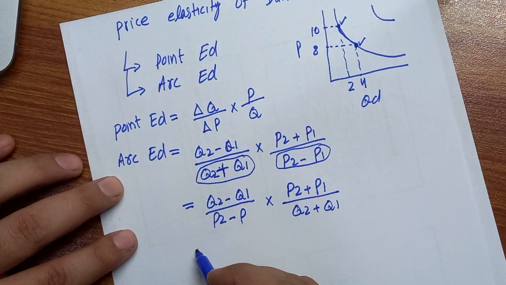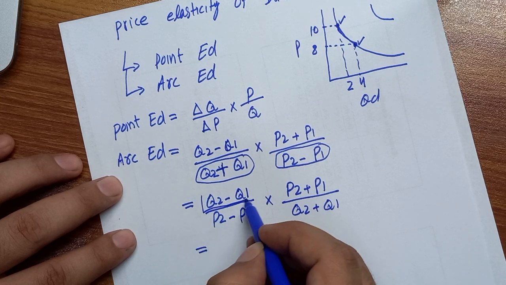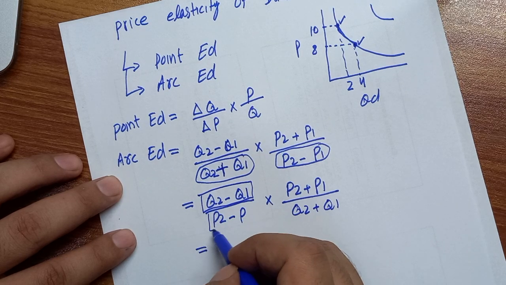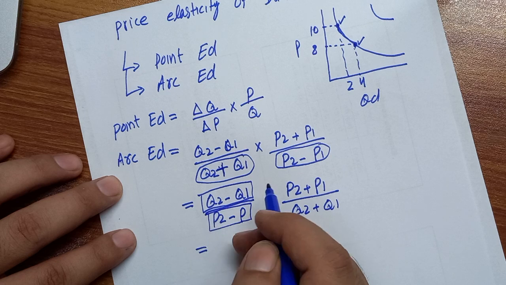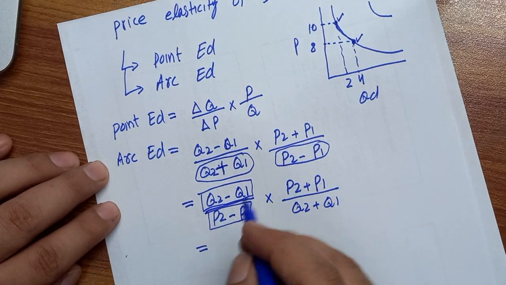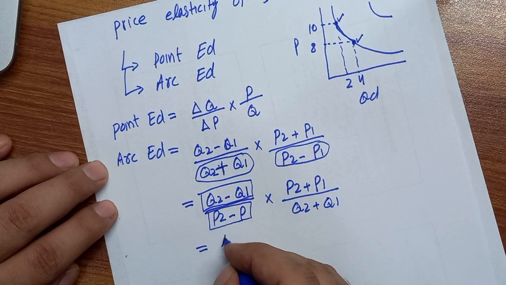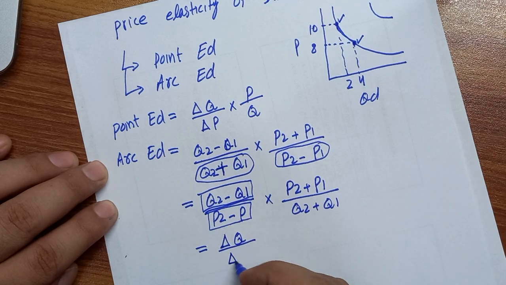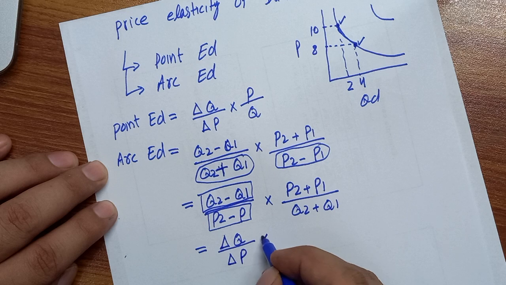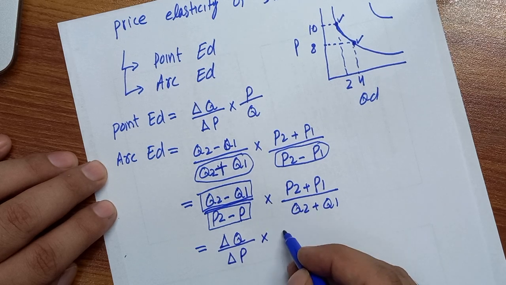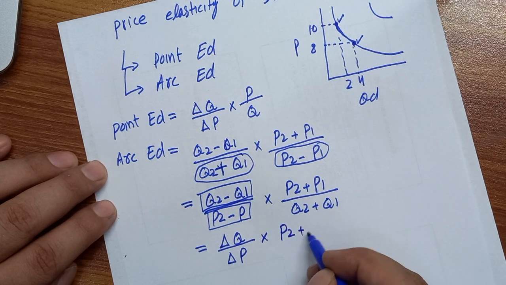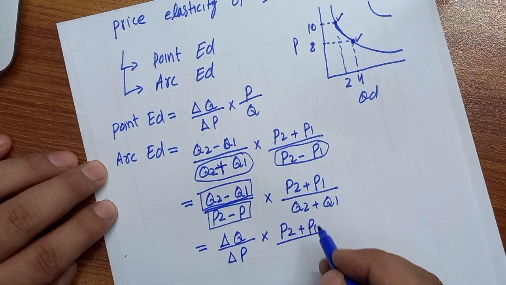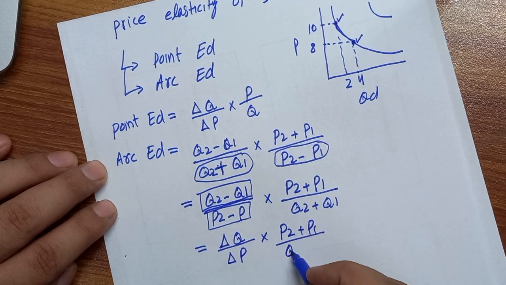So when we have minus between them, it means that we are finding the change. So we can also represent delta Q and delta P. We have multiplication and we will write as it is, P2 plus P1 divided by Q2 plus Q1.